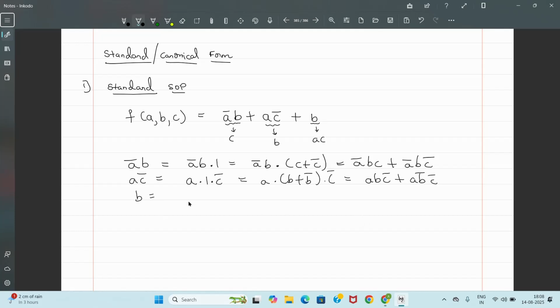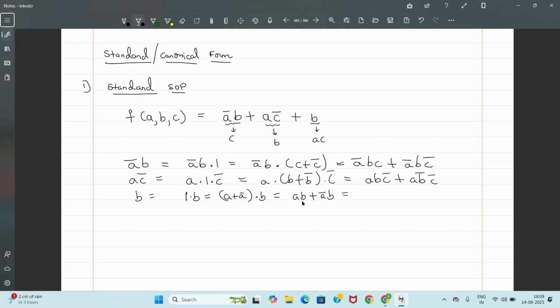Now the last one, a is missing. There are two variables missing in this, but we'll do it one by one. First, we'll try to include a. So 1 into b, that is a plus a bar into b. I'll get a b plus a bar b.